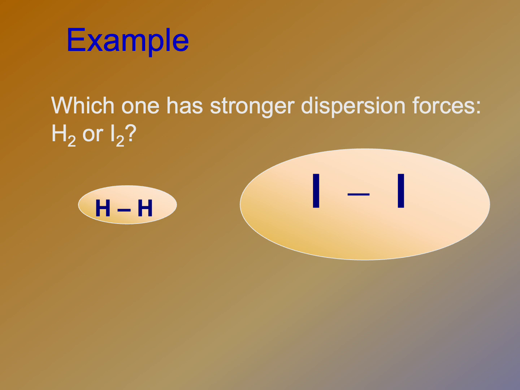Sorry, I don't have the periodic table right in front of me. So iodine has a larger electron cloud. There are more electrons there. Therefore, there are going to be more interactions between the electrons, meaning iodine has a higher London dispersion force, simply because there are more electrons, so it is more polarizable.